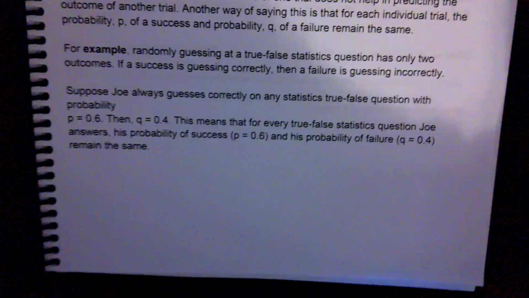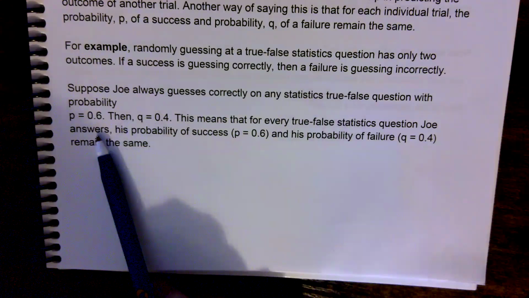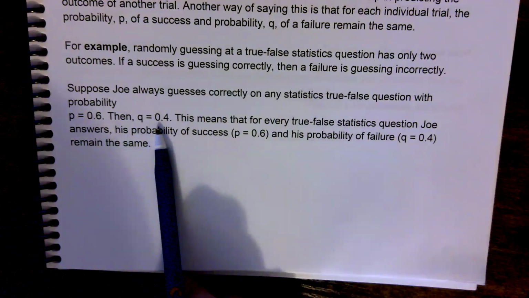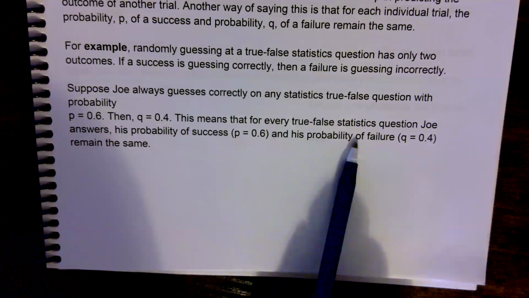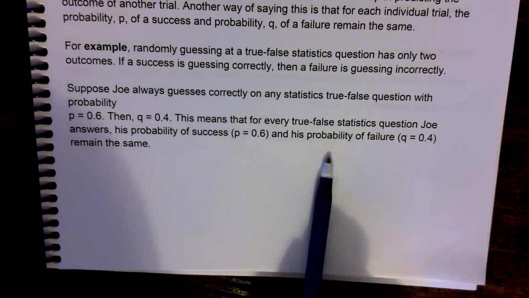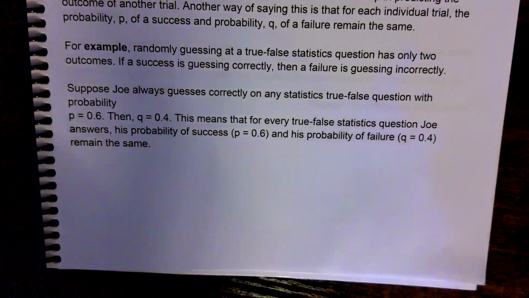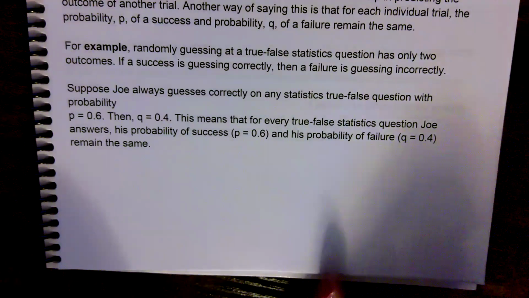Suppose Joe always guesses correctly on any statistics true-false question with probability of 0.6. That means that Q is 0.4, 1 minus 0.6. This means that for every true-false statistics question Joe answers, his probability of success is 0.6 and his probability of failure is 0.4. And that remains the same every time he answers the question.